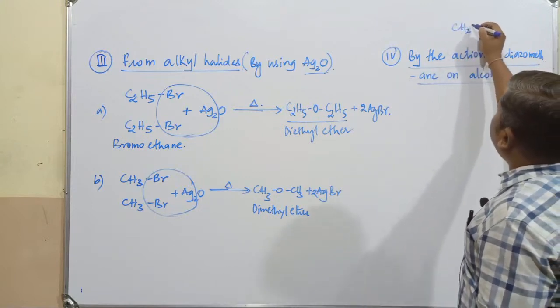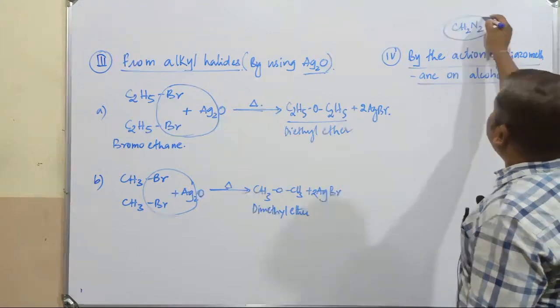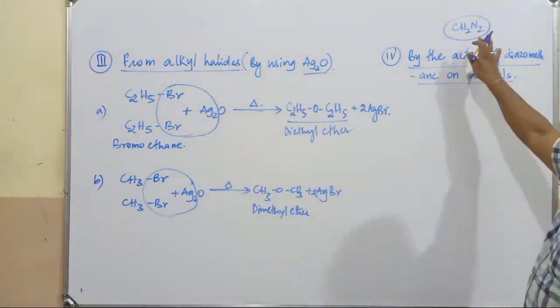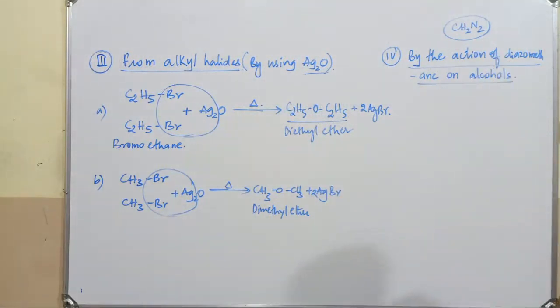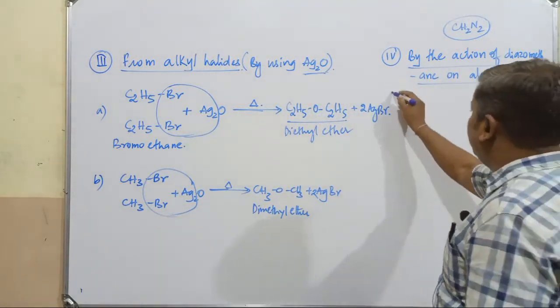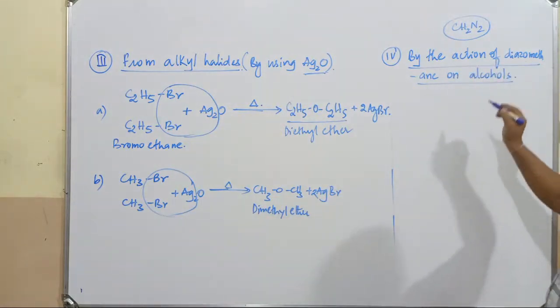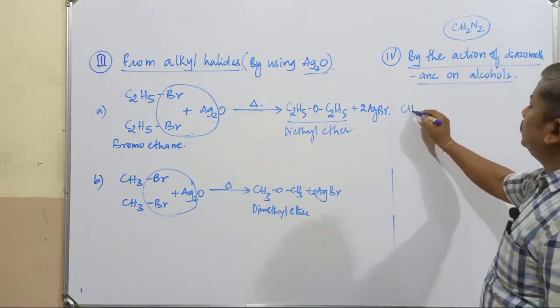Diazomethane is a compound having formula CH2N2. It is called diazomethane, and methane is because of the single carbon atom. How is this ether prepared? By using this diazomethane compound.